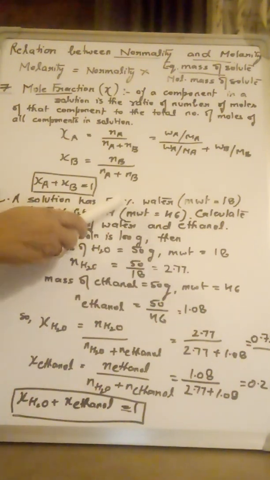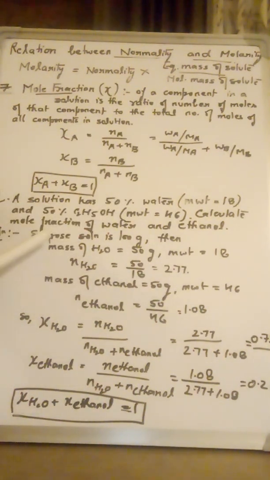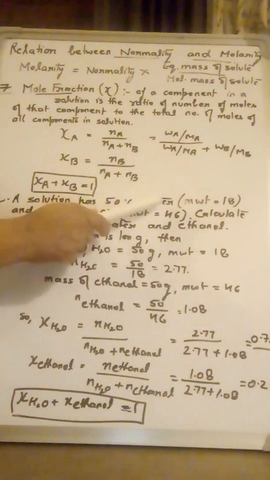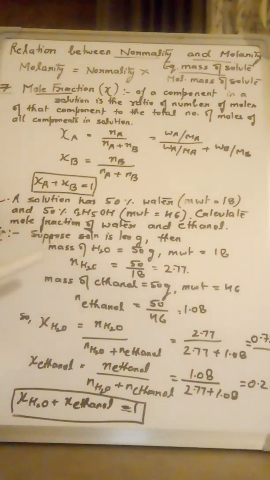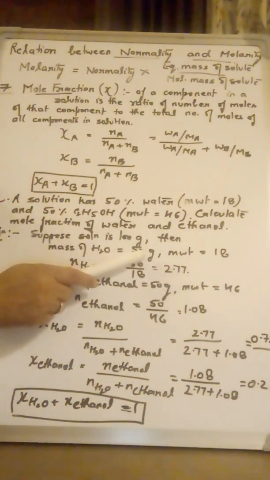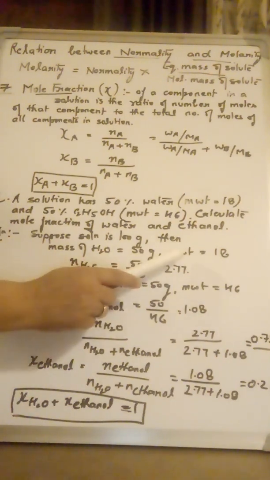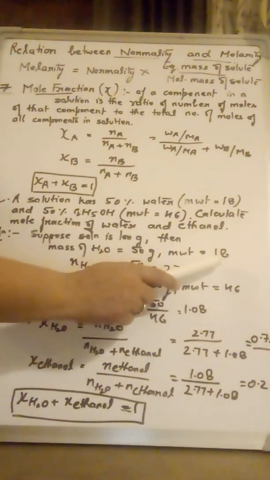How are we going to do it? Since percentage is given, let us suppose the solution is 100 gram. Total solution is 100 gram. Then since it is 50%, mass of water is 50 gram, right? And you know already the molecular weight of water is 18.